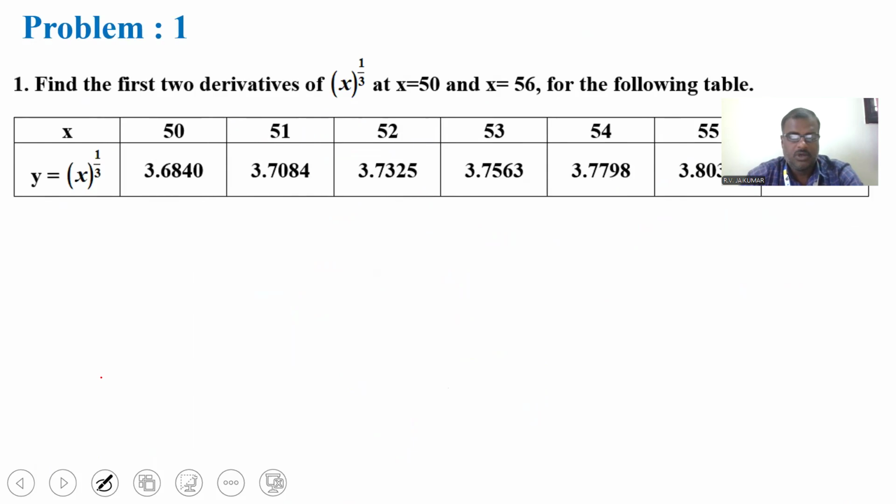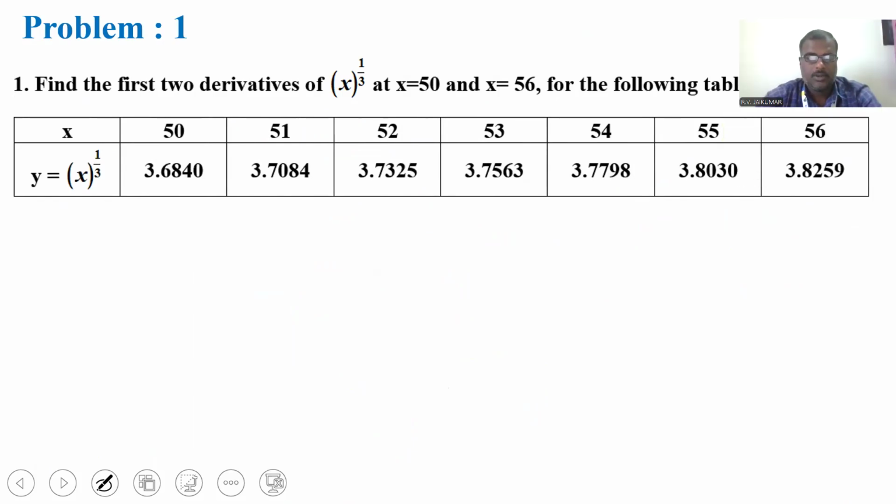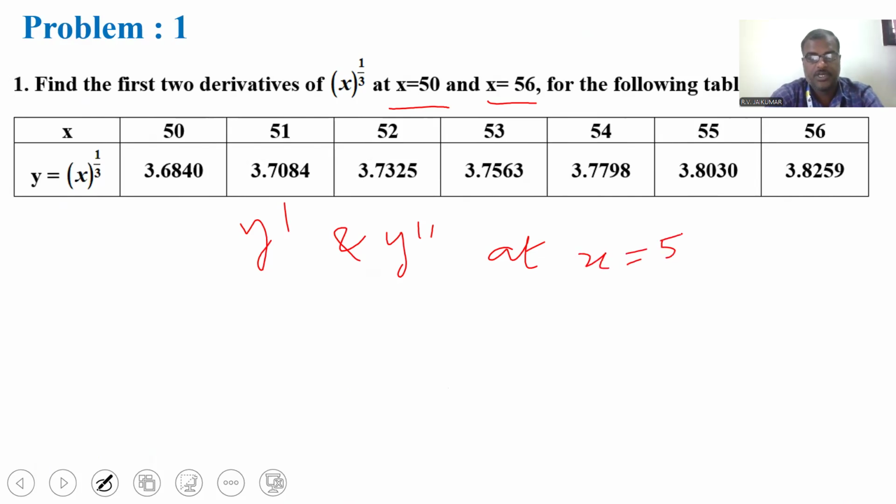Problem number 1. Look at question number 1. Find the first two derivatives of x power 1 by 3 at x equal to 50 and x equal to 56 for the following table. Here they're asking to identify at two different values of x: the first two derivatives y dash and y double dash at x equal to 50 and at x equal to 56.